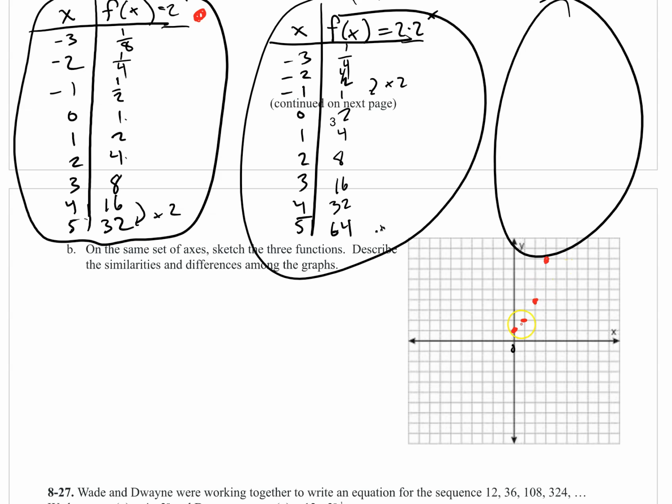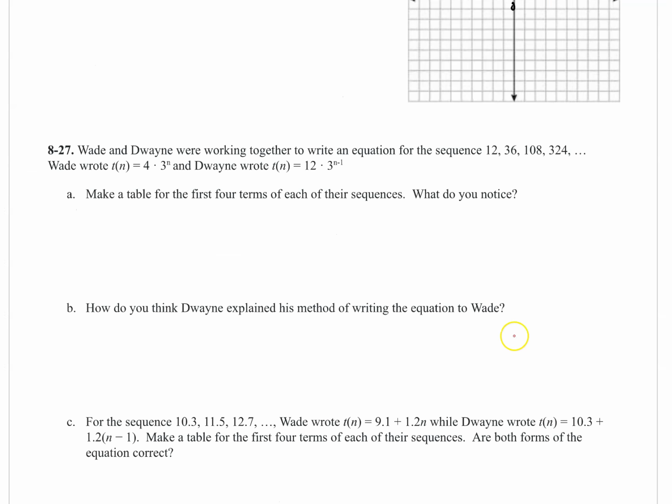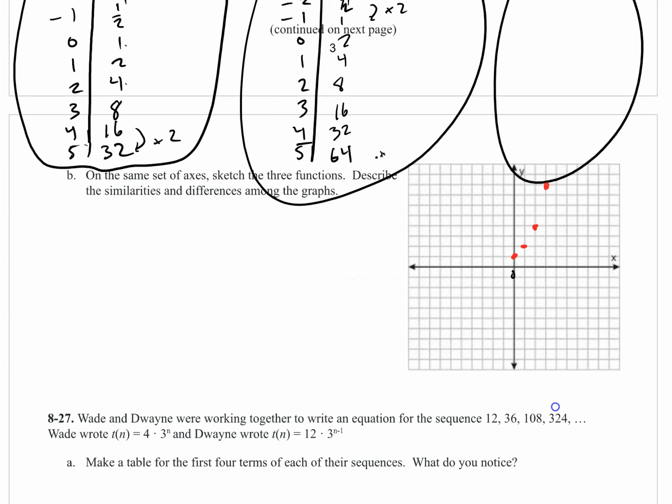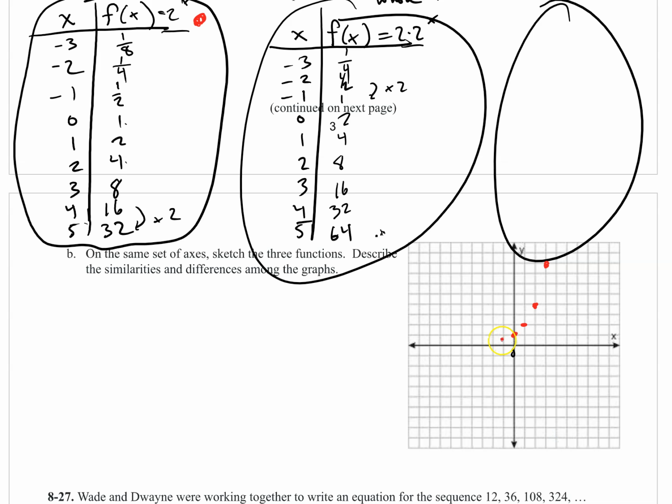And then if we go the other way, negative 1, half, negative 2, a fourth, and it never hits 0, it just keeps shrinking. So that's 2 to the power x.